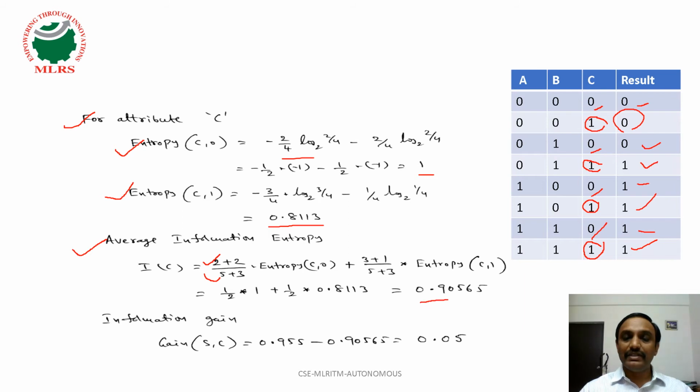This is the average information entropy. And for the information gain of attribute C, subtract the average information entropy of C from total entropy. That is 0.955 minus 0.90565. So the value 0.05 is the information gain of attribute C.